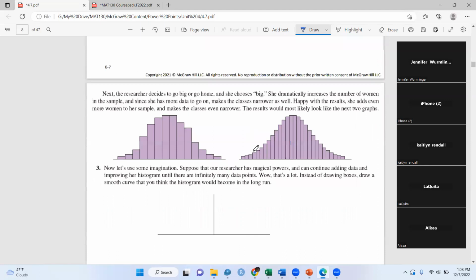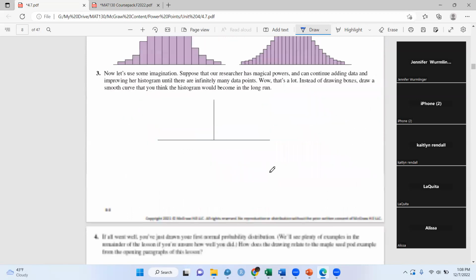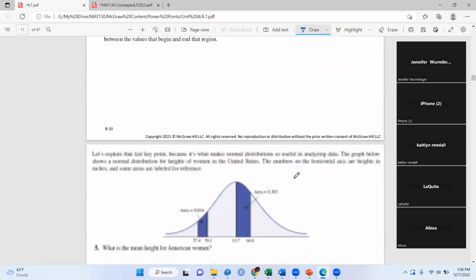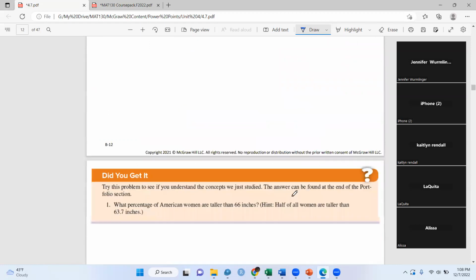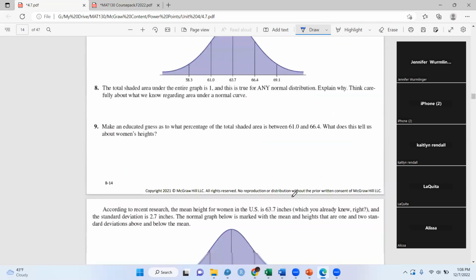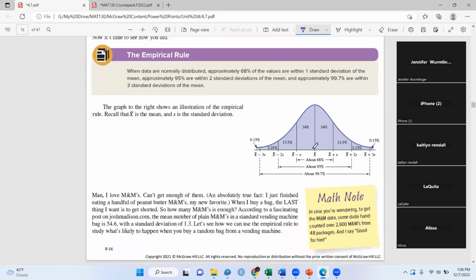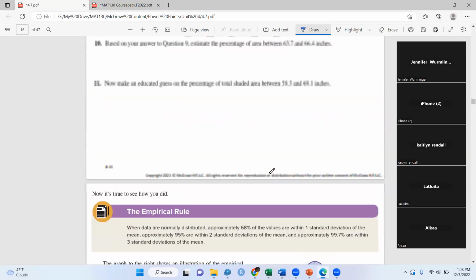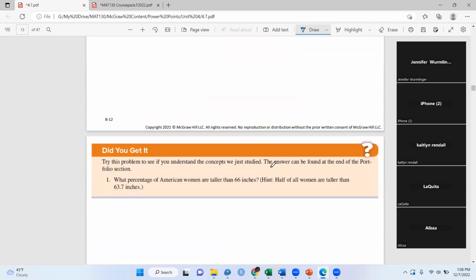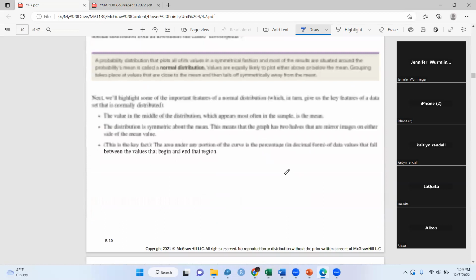And if we continue to increase our sample size, we would get a shape that looks more and more like this, until we get to what a normal distribution looks like. I'm going to jump right down to it. Sorry, I'm jumping all over the place.